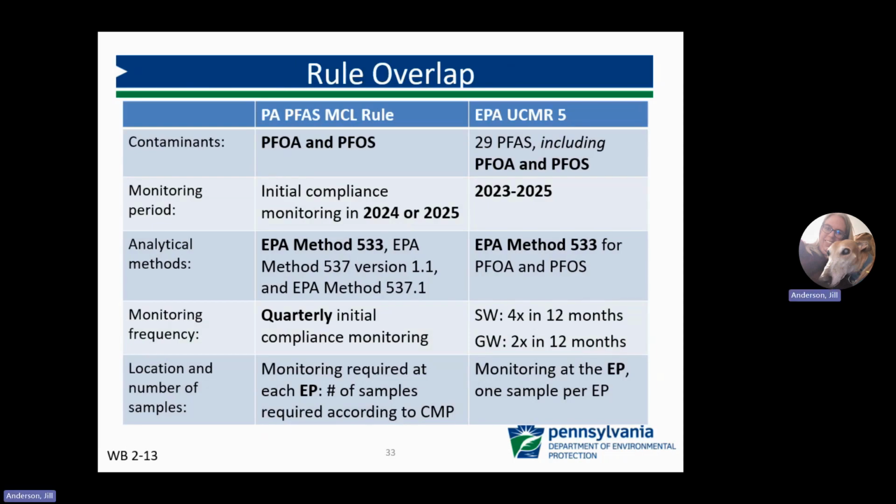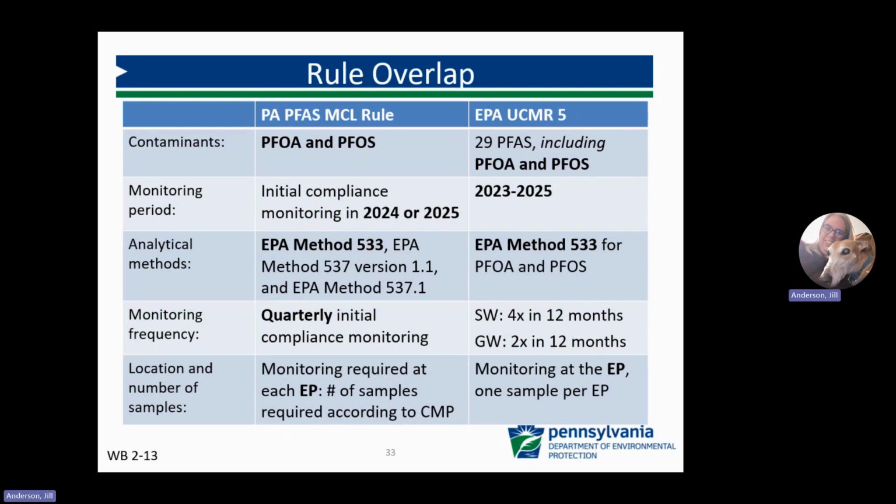There is some overlap between the monitoring requirements of these rules for PFOA and PFAS for systems in Pennsylvania. This table compares and contrasts those overlapping requirements and the similarities and differences. The PFAS MCL rule sets MCLs for the contaminants PFOA and PFAS, which are also 2 of the 29 PFAS included in UCMR 5.